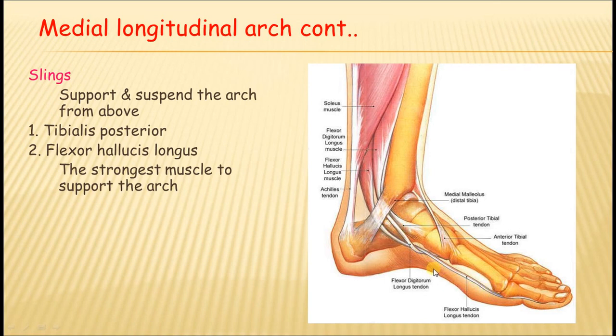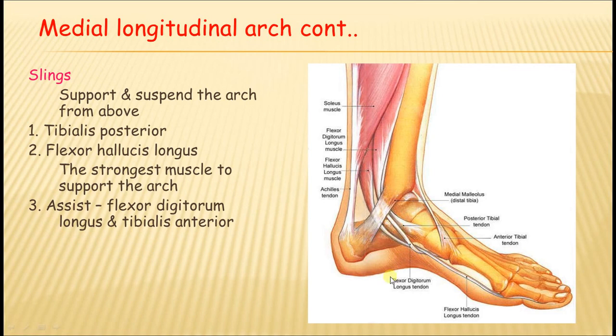In sling mechanism, medial arch most strongest in maintaining in the sling mechanism of the medial longitudinal arch, assisted by flexor digitorum longus and tibialis anterior muscle. Your tibialis from above it is suspending, this is going to the under surface and then it is suspending.